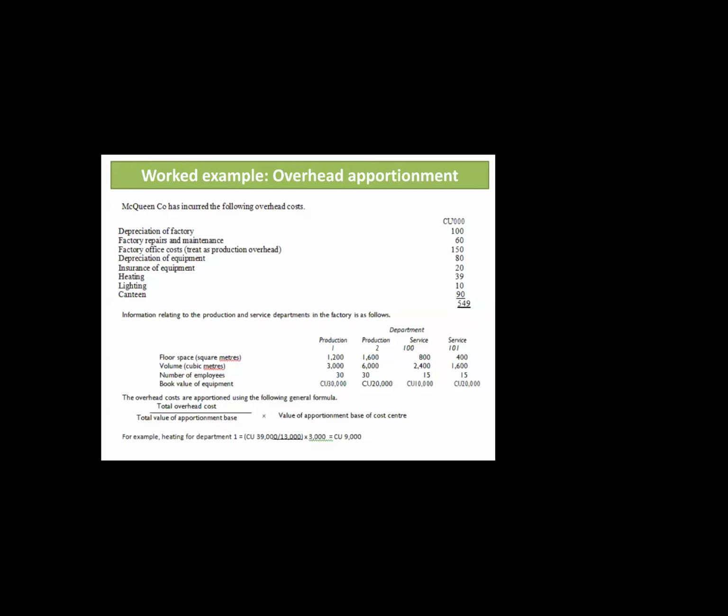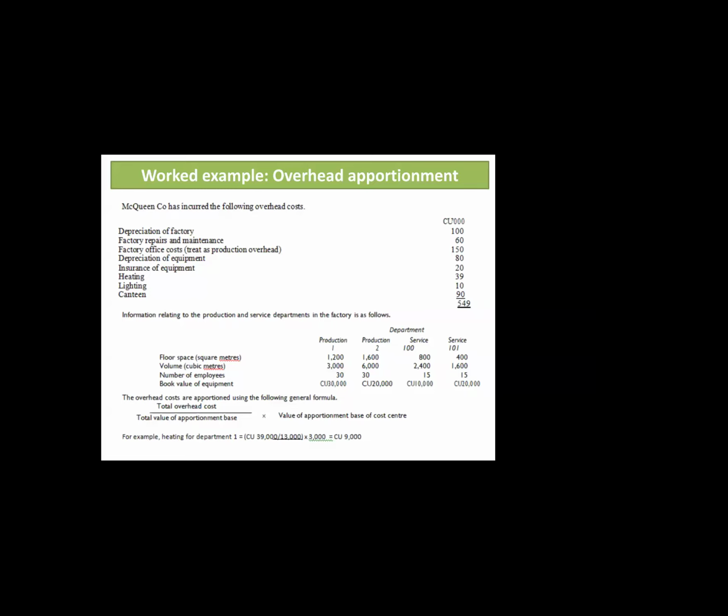The overhead costs are apportioned using the following general formula: total overhead cost divided by total value of apportionment base, multiplied by value of apportionment base for the cost center. So here the heating cost is 39,000. Heating cost can be allocated on which basis?